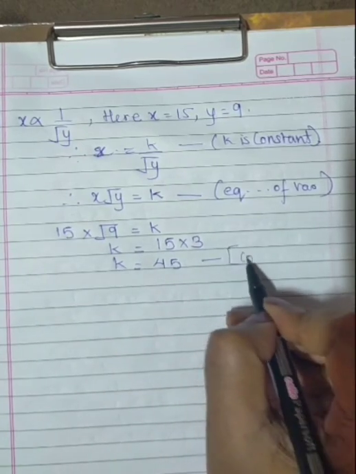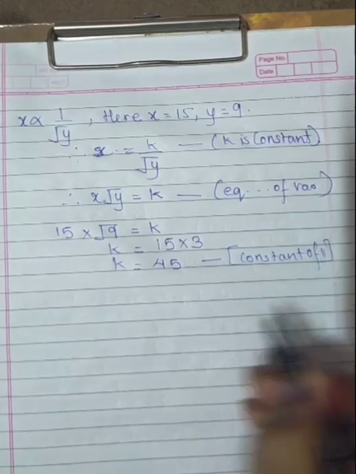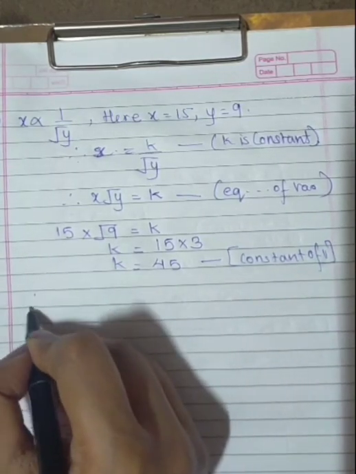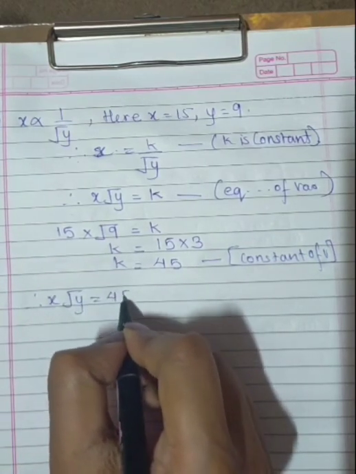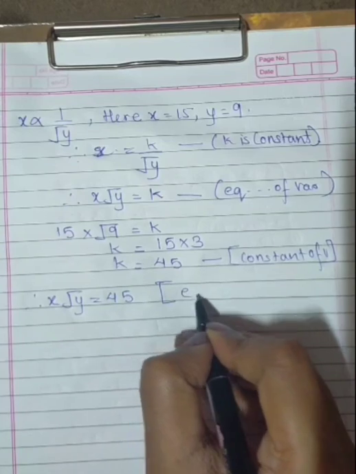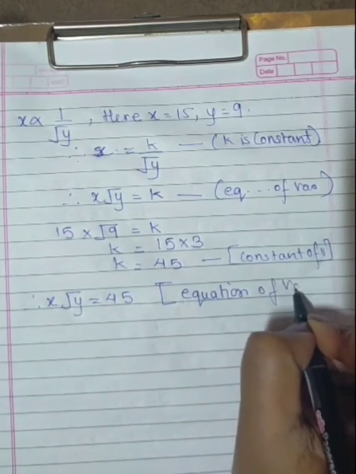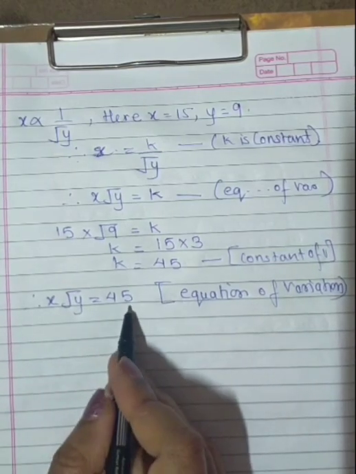It is the constant of variation. Now therefore x square root y equal to 45. So we got the equation of variation as x square root y equal to 45.